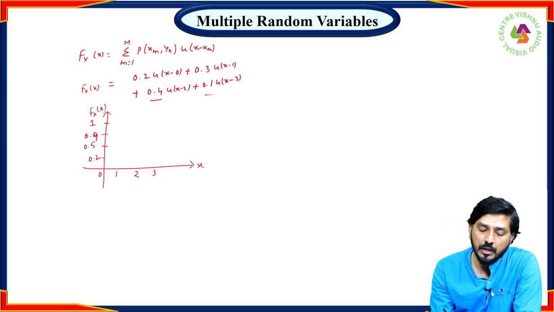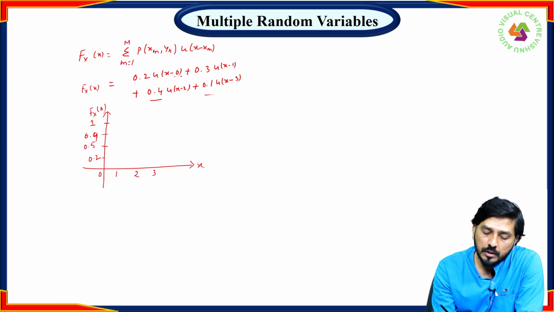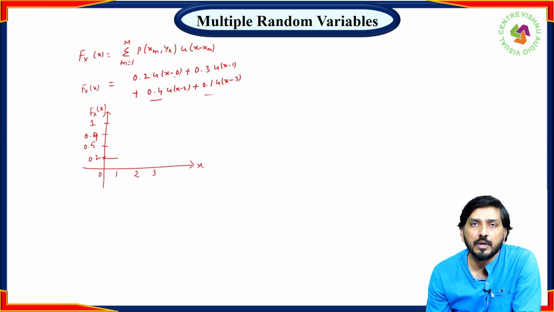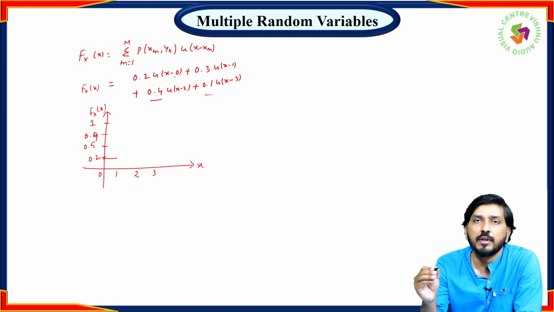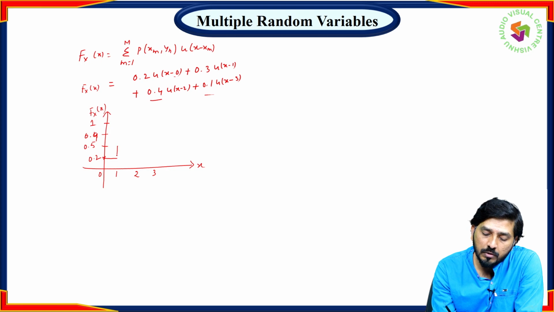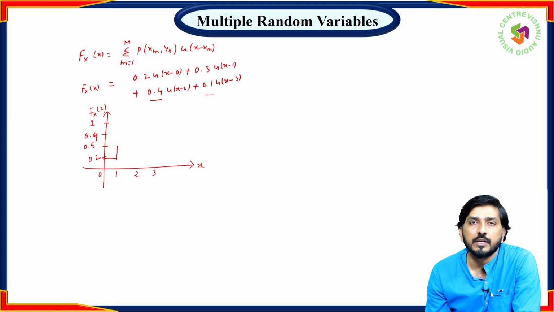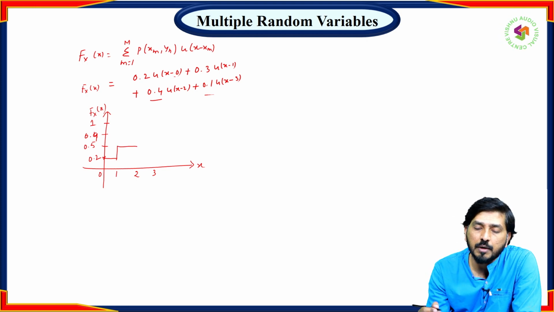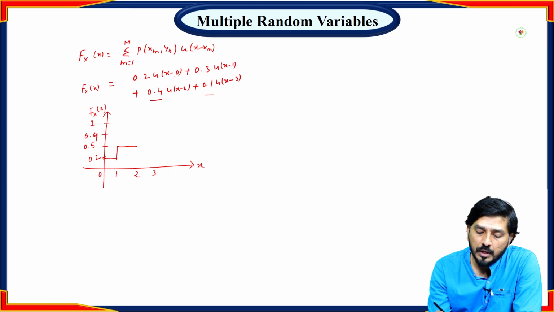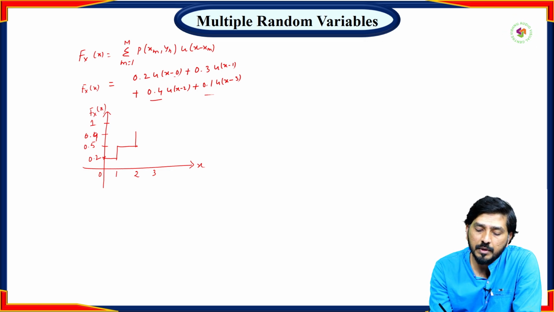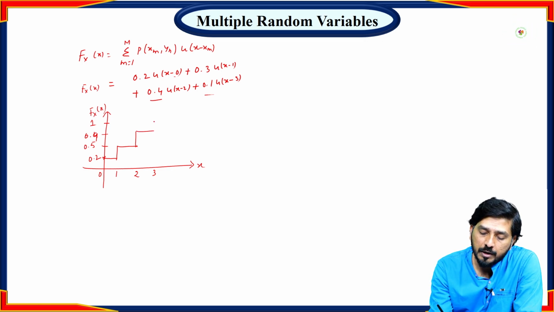and the last one, the highest value of the distribution, is 1. So at 0 the distribution is 0.2 and it will be continued up to the random variable x equal to 1. Then at x equal to 1, the marginal distribution value is 0.5 and it will be continued up to 2. Then at 2, the value is 0.9, and similarly it is continued up to 3, and at 3 the maximum value is 1.